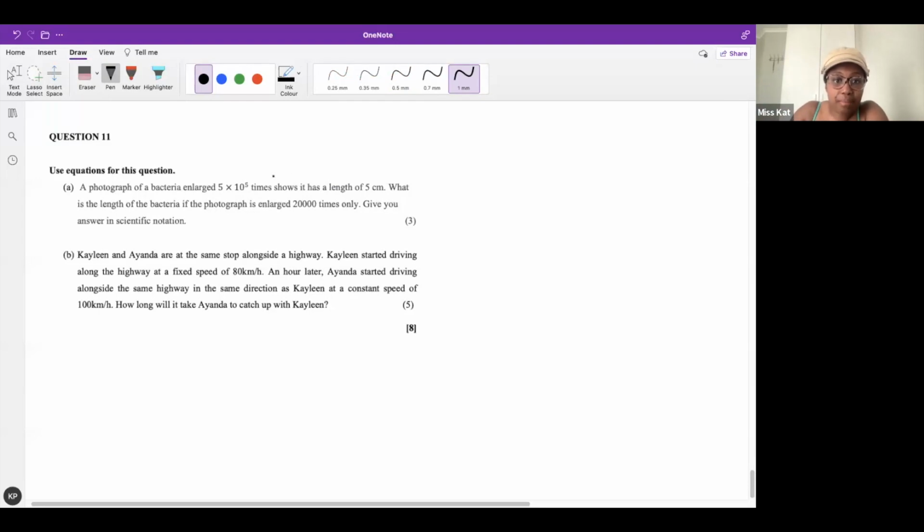So the bacteria that has been enlarged this much has a length of 5, and this will be the same bacteria. If it is only enlarged 2,000 times, we want to know what the length is. So I'm putting an X because I don't know what the length is.